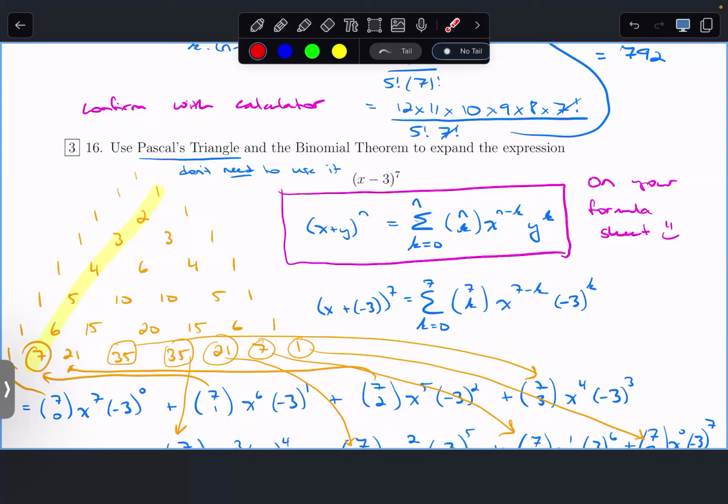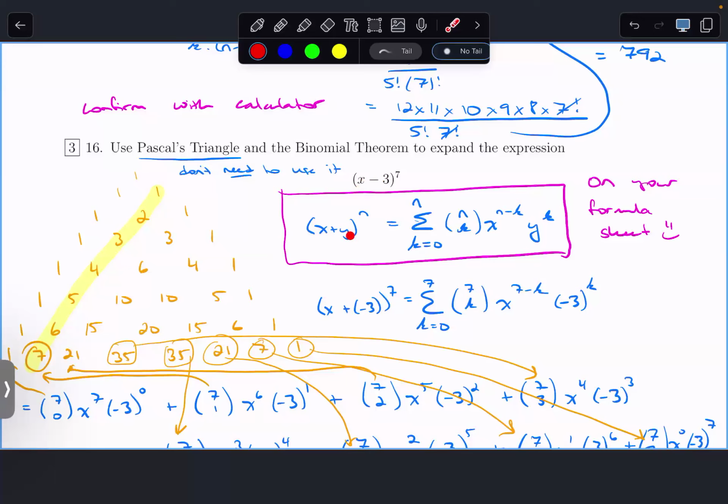So then what you want to do is map this x plus y to your function. If you have subtraction in here, then you need to make the y -3, right? Because if you have x minus 3, that's really x plus -3.